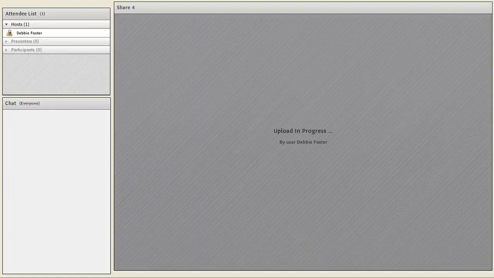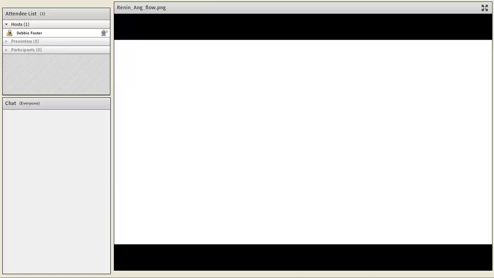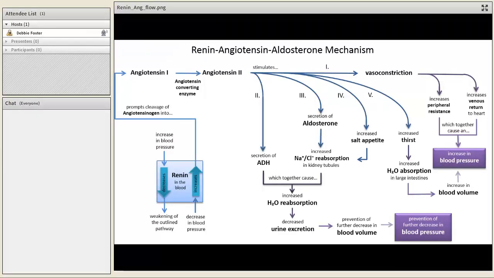There it is. And this diagram is a little complicated, but I'm going to try to go over it in a more basic way. So renin. One of the main mistakes students make is thinking that renin is a hormone. It's not. It's actually an enzyme. An enzyme, as you know, is something that is influencing a reaction. Doesn't change the outcome, but can influence it.